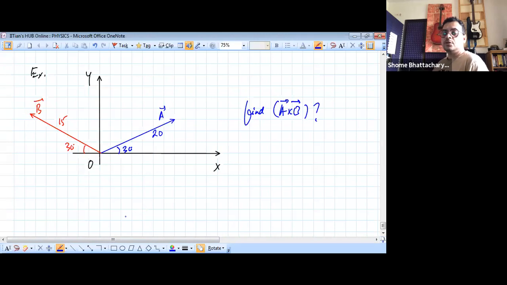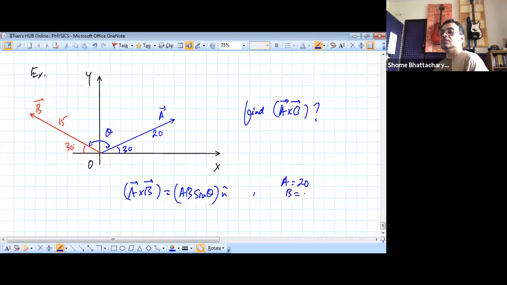Yeah, we are doing cross products here. So you can see that A cross B will be equal to AB sine theta n cap. Now what will be theta over here? Theta will be this angle. You can see that here magnitude of A is 20, magnitude of B is 15, but theta is 120 degrees.